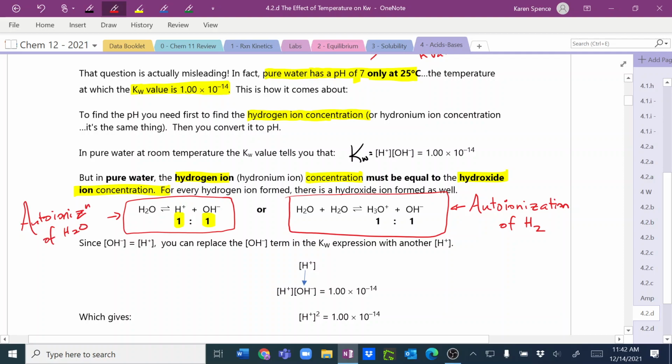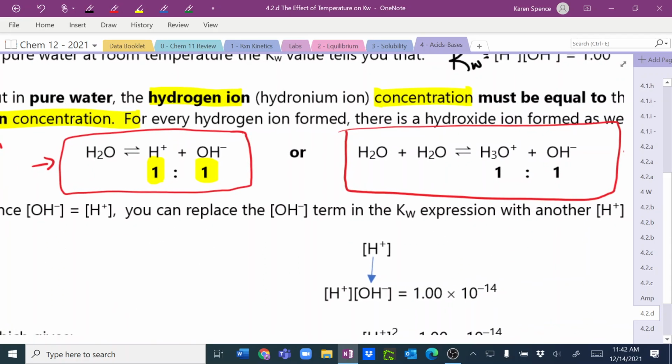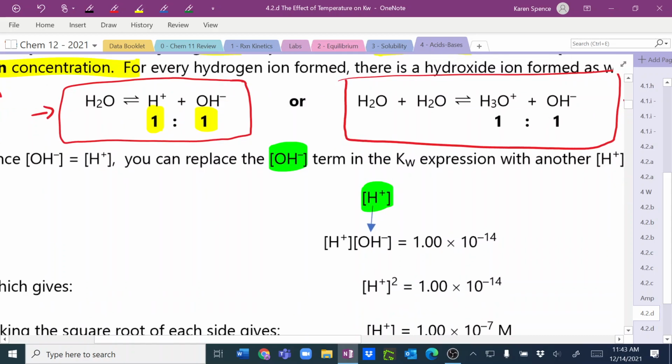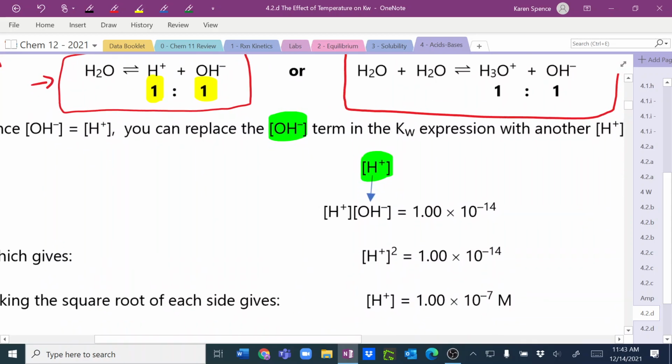Now, because they are 1-to-1, does it make sense that hydroxide and hydrogen are equal to each other? Yeah? So in other words, we can take our hydroxide term and substitute it with hydrogen. We can replace it, and what we'll end up with instead of H times OH is just H squared. Yes? So far, so good?